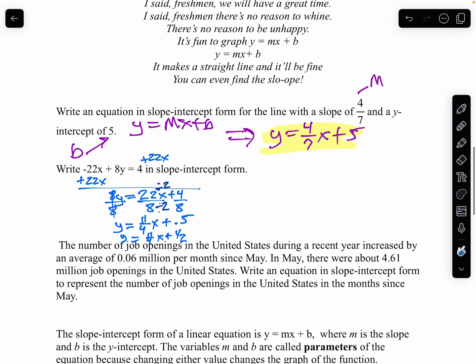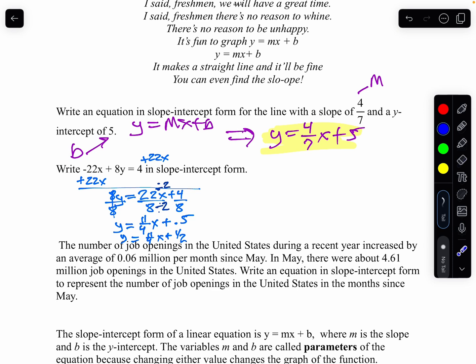Now on the next question, we have this application. Let's look at it together. It says, the number of job openings in the United States during the recent years increased by the average of 0.06 million per month since May.